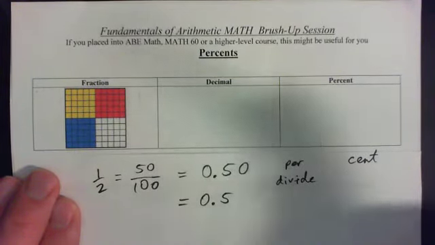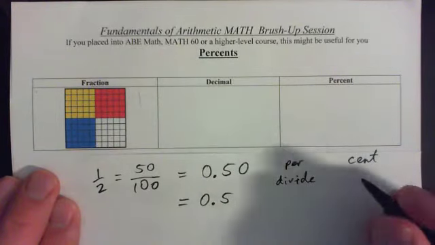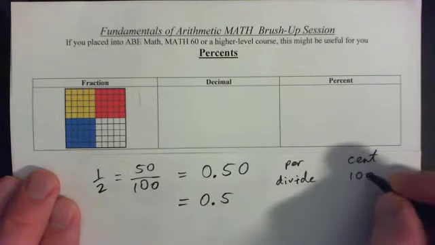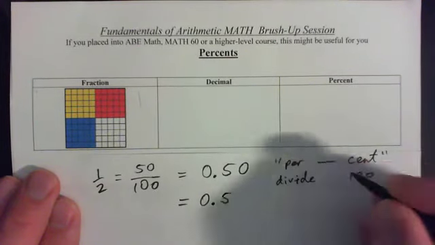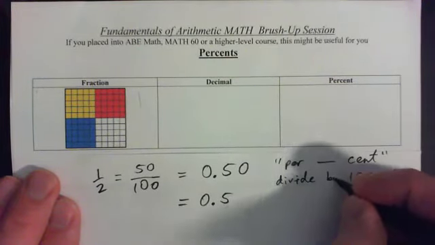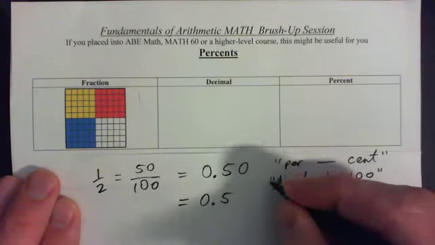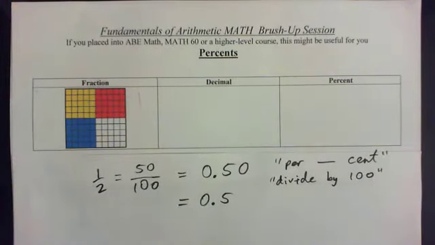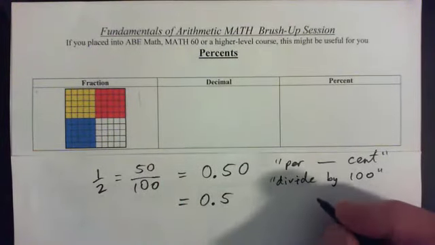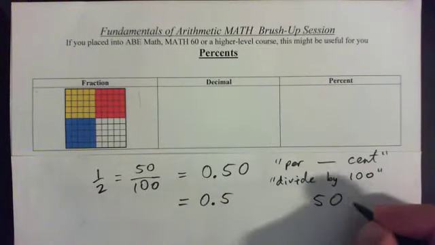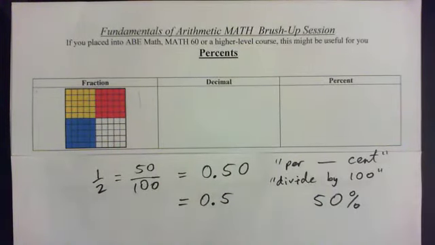There are 100 cents in a dollar. Cent means 100. So per cent means basically divide by 100, or out of 100, per 100. So we have 50 little squares per 100, and we write that as a percent, 50%.